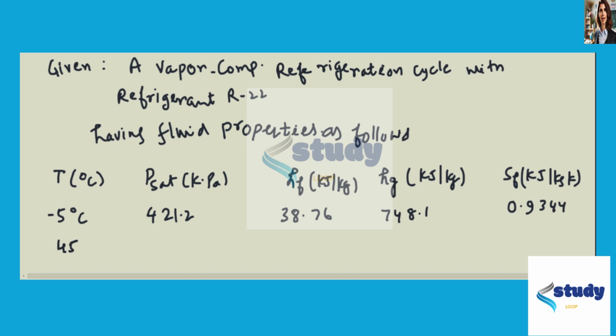At 45 degrees, pressure is 1728 kilopascal. Fluid thermal capacity 101. Vapor thermal capacity 261.9 kilojoule per kg, and entropy is 0.8682.